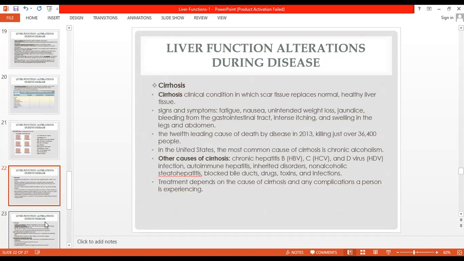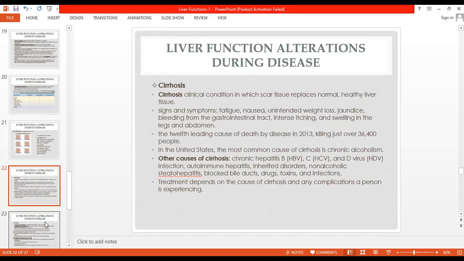Cirrhosis rarely causes signs and symptoms in its early stages, but as liver function deteriorates, the signs and symptoms appear, including fatigue, nausea, unintended weight loss, jaundice, bleeding from the gastrointestinal tract, intense itching, and swelling in the legs and abdomen.